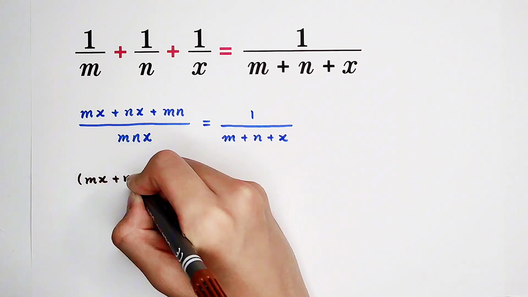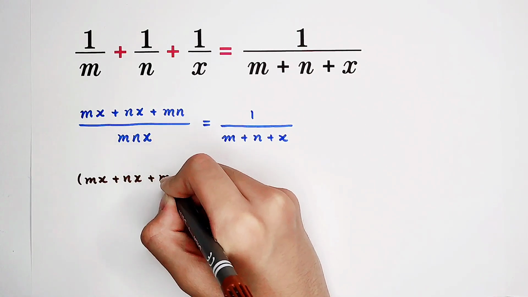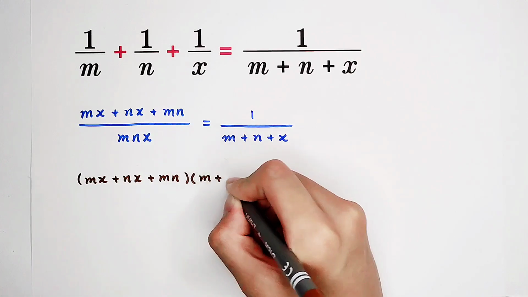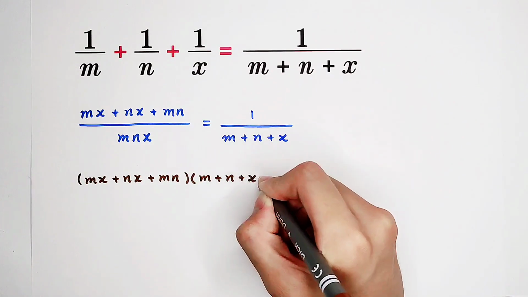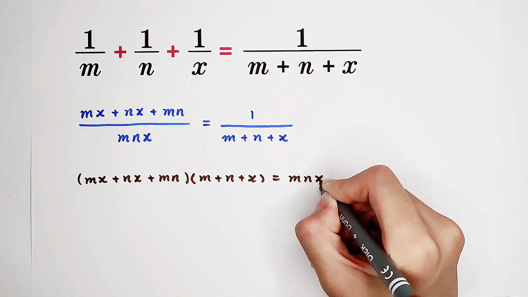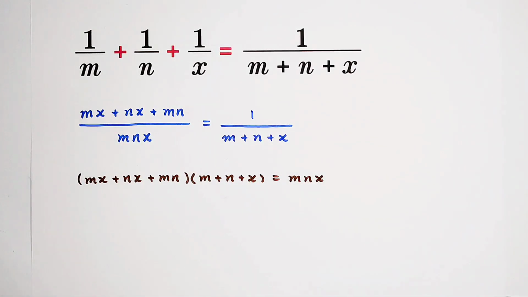(mx + nx + m times n), then all times (m + n + x), equals 1 times m n x, which is just m times n times x. Now, because this is an equation about x, we can simplify this further.